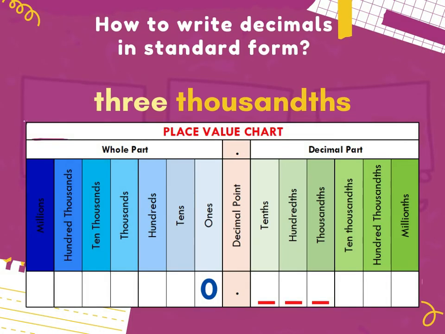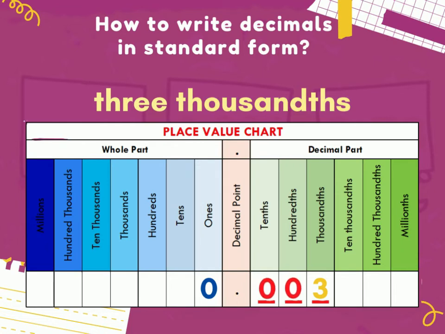And since 3 is in the thousandths place, then 3 must be placed under the thousandths place. Then place zeros under the tenths and the hundredths place. So again, to write this in standard form, it is 0.003.